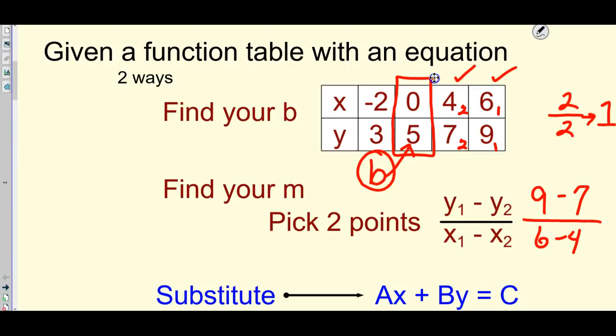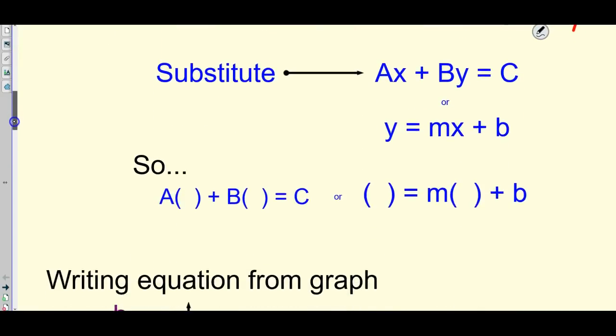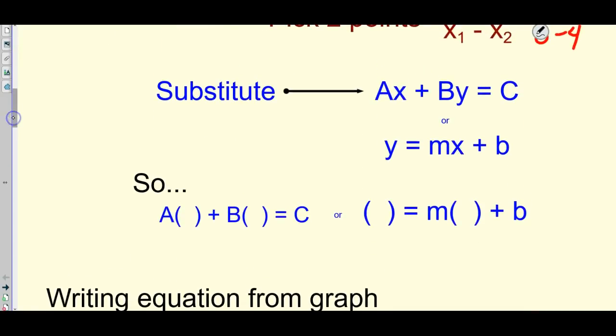If you're just given a function table, the other way to look at this is through substitution. Depending on what your equation is, with no function table, or an equation with a function table and no 0 for it, you pick a point. You're going to substitute that in.